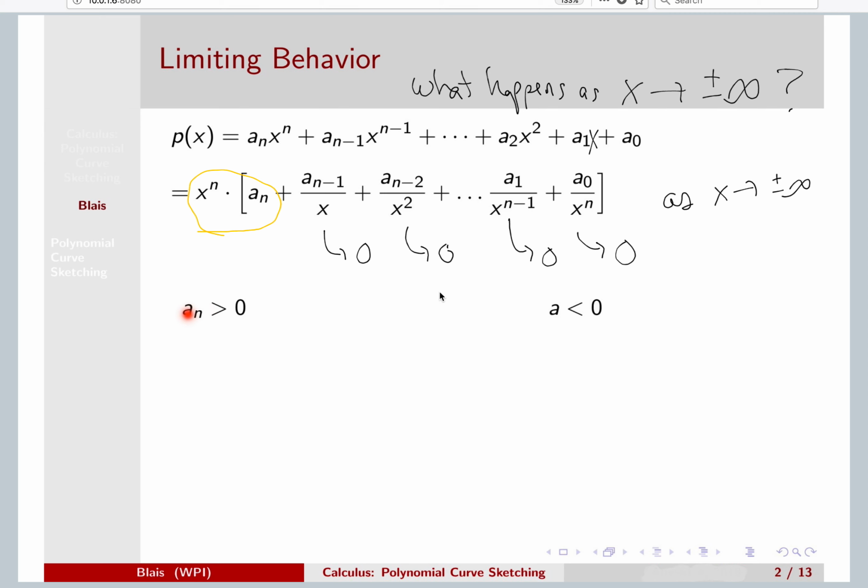First, let's think about the case where you have a positive a sub n. In that case, the limit as x goes to infinity of f of x, your leading term is a sub n x to the n. a sub n is positive. For x going to infinity, x to the n is blowing up in size, so this limit is infinite.